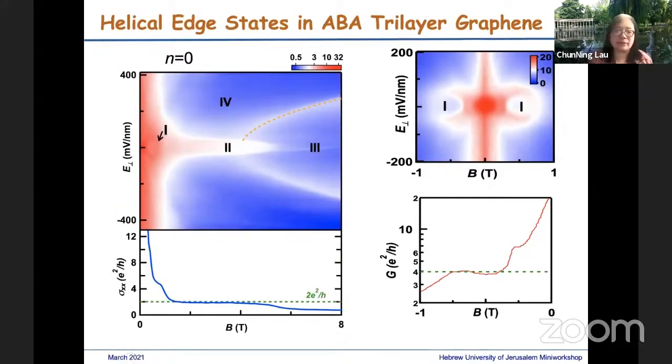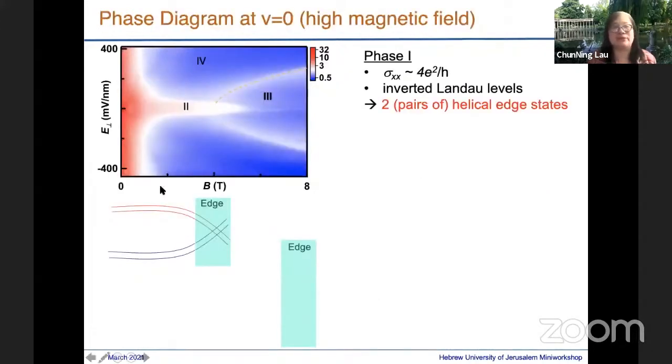To understand this, we actually spent quite some time, more than a couple of years, trying to understand this data. Finally, I think in the end, the story is actually quite simple. Remember we have this level inversion from the band structure.